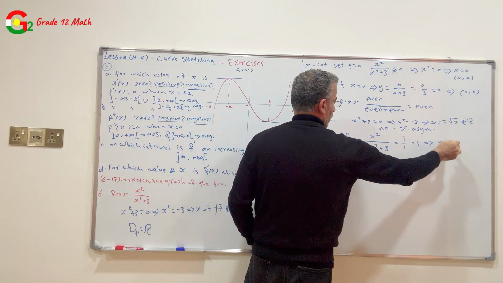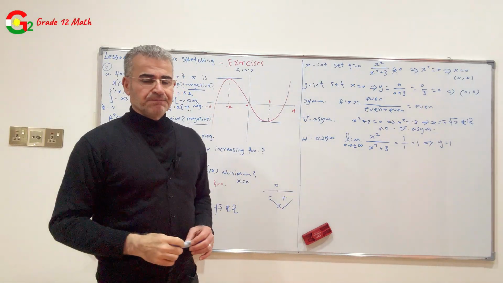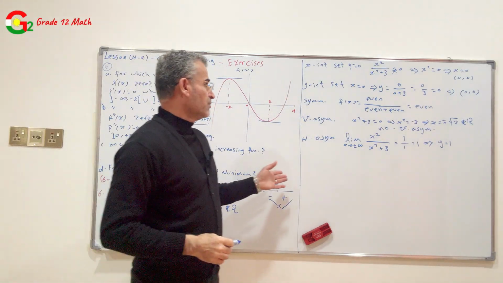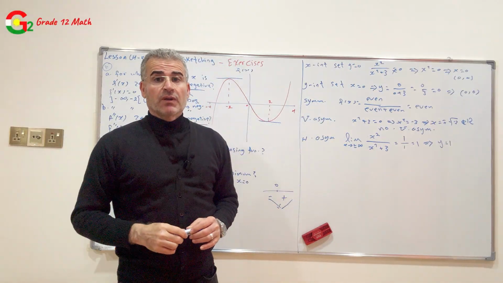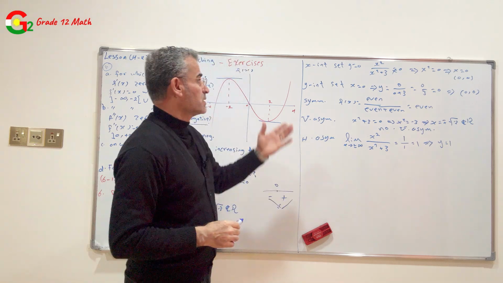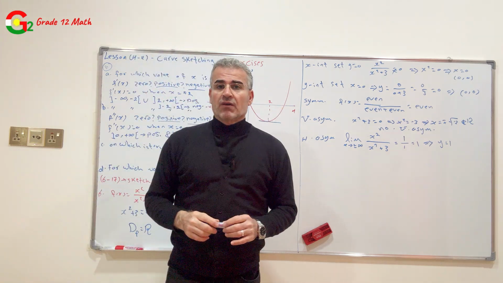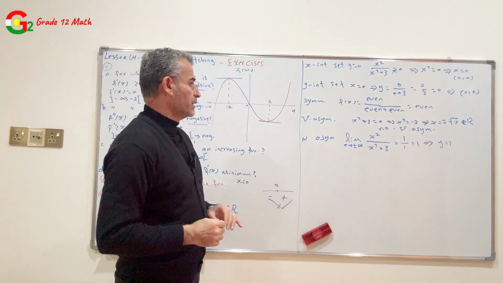Therefore y equals 1 is the horizontal asymptote for this function. For the slant asymptote, the degree of the numerator should be one more than the degree of the denominator, but here the degrees of the numerator and denominator are equal, so there is no slant asymptote.